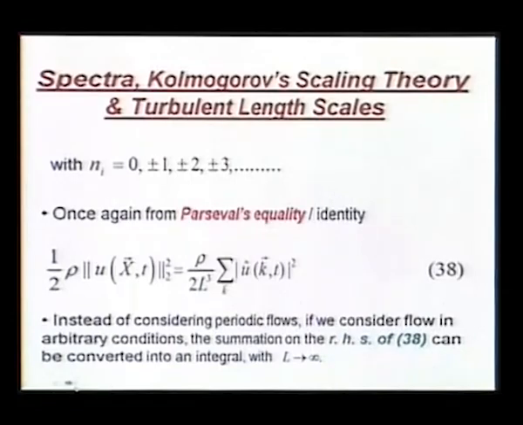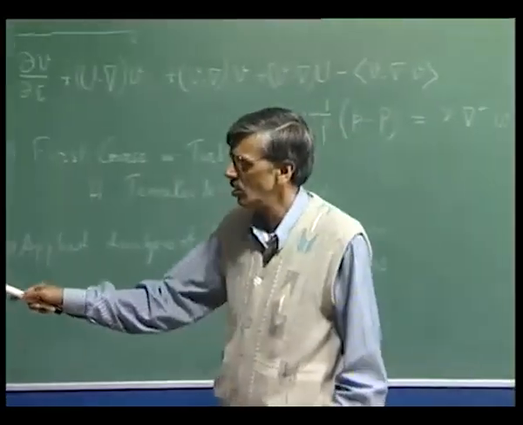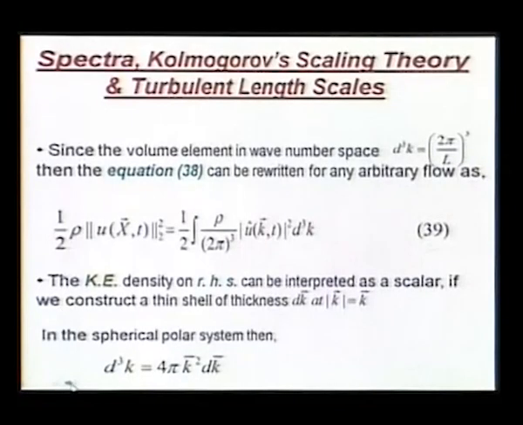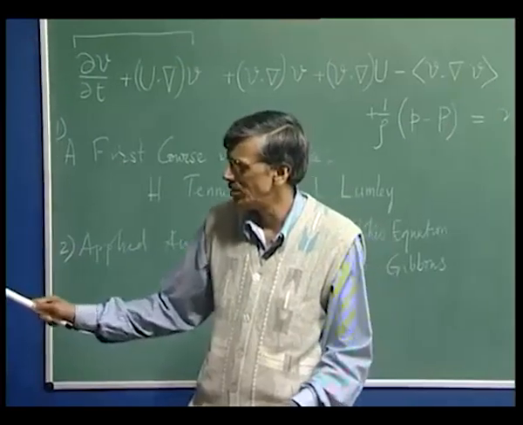summation by the appropriate integral. The appropriate integral would imply that I will have to talk about an elementary volume in k space, which I am writing as d cube k. What were the individual fundamental frequencies?